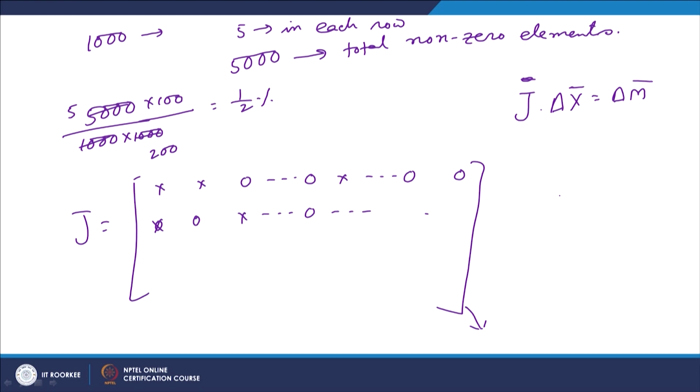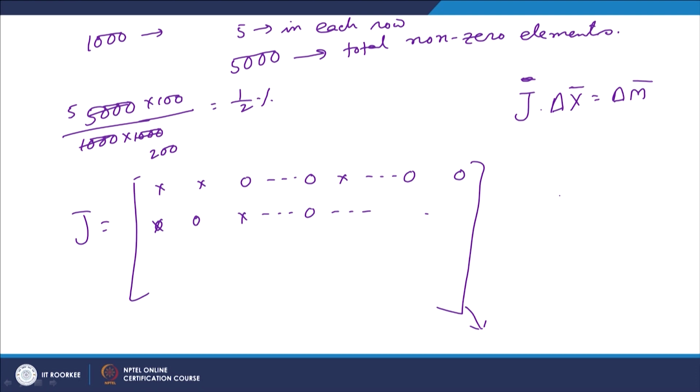without involving the inverse of the Jacobian matrix, then our computation burden can be reduced to a large extent. And precisely that is what is being done in each and every commercial software: no commercial software really undertakes the inverse of a Jacobian matrix.